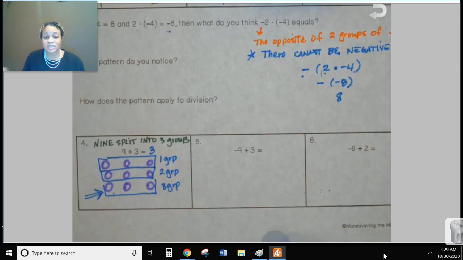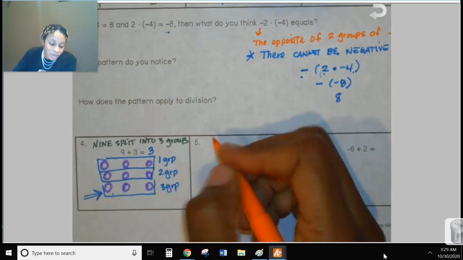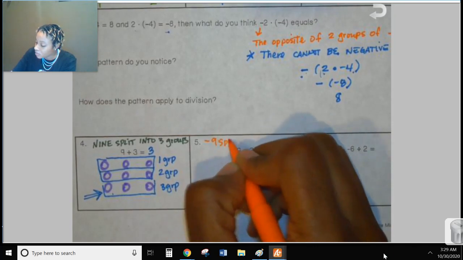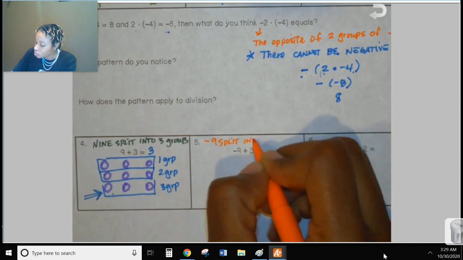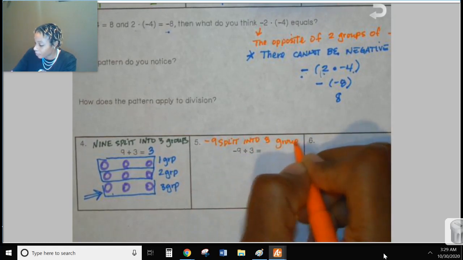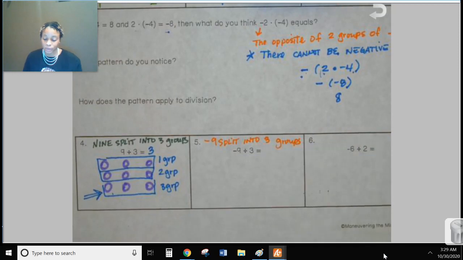The next one says negative 9 divided by 3. Negative 9 divided by 3 is going to be similar to the last one. It's going to be negative 9 split into 3 groups. Negative 9 split into 3 groups.